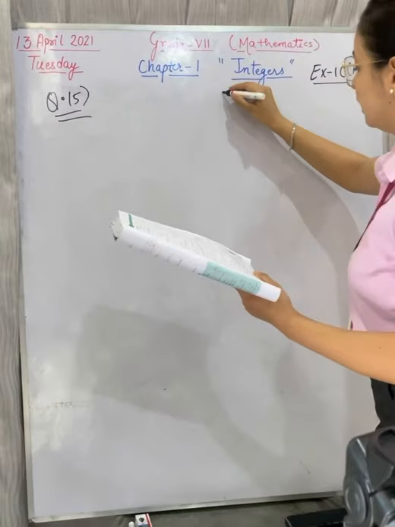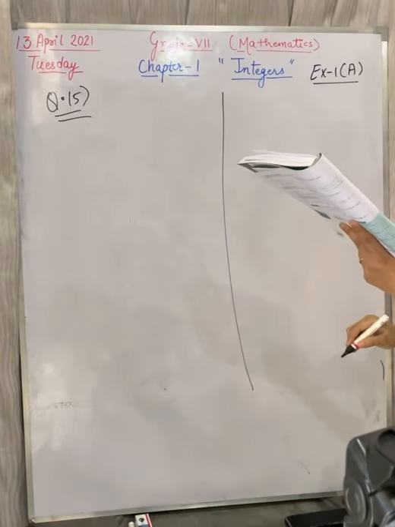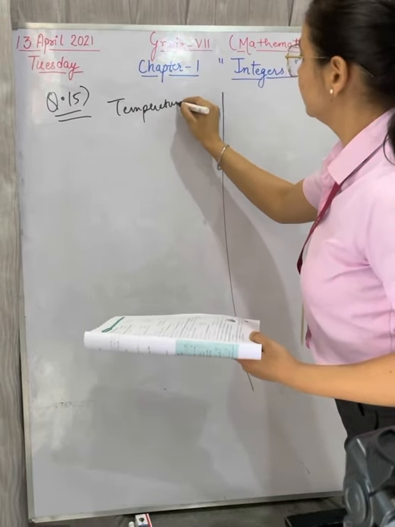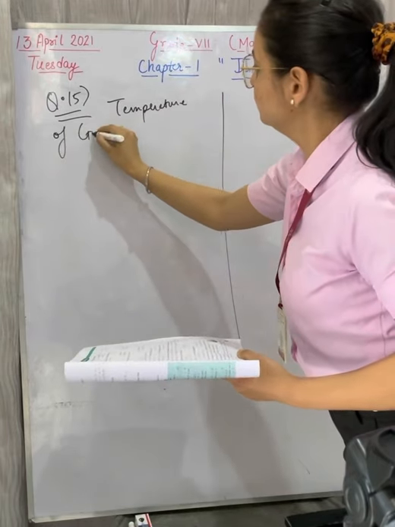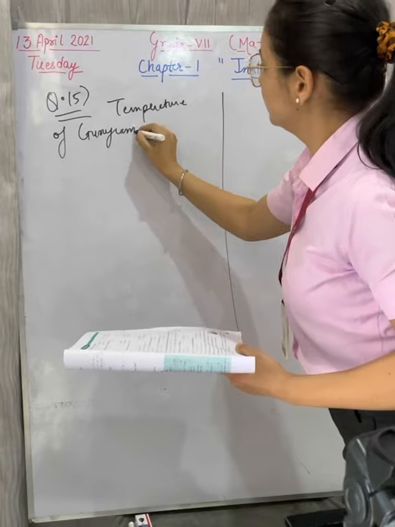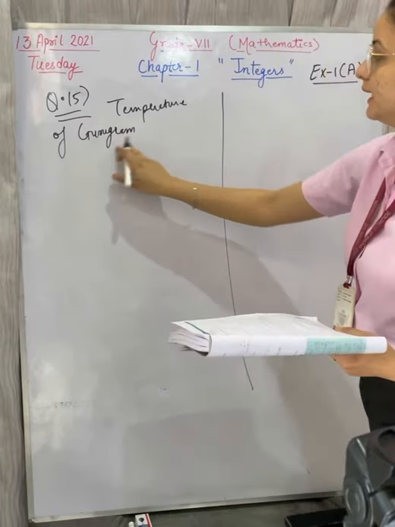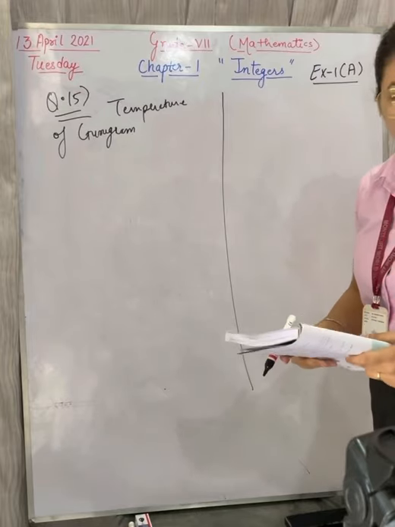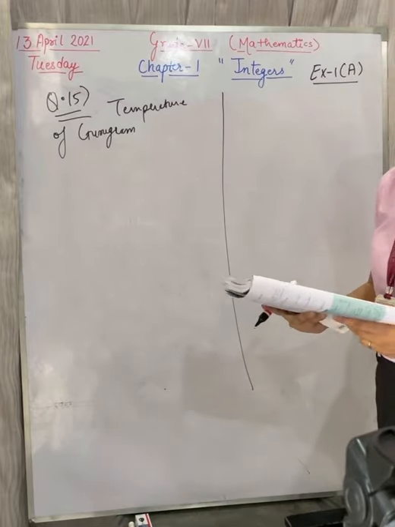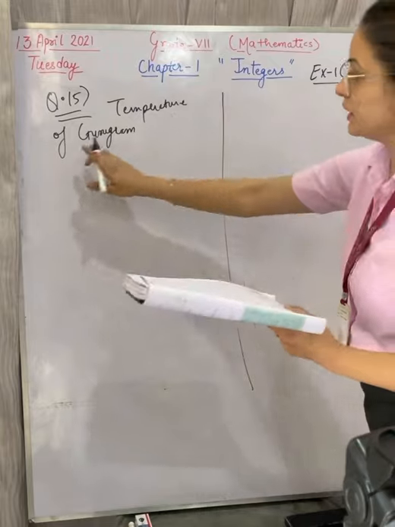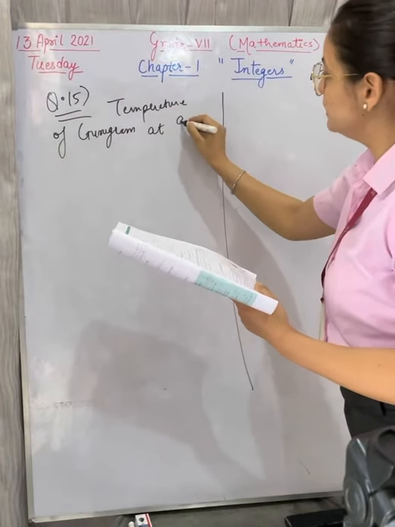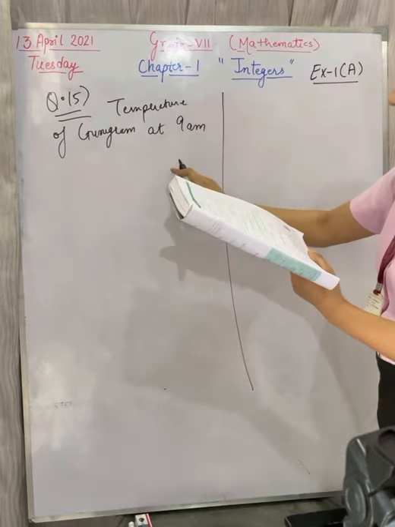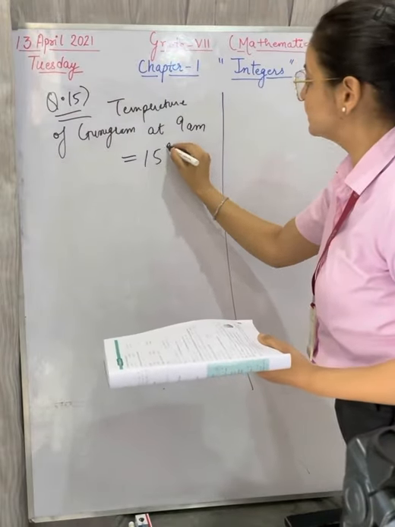Temperature of Gurugram. Do you know which city it is? Gurugram is Gurgaon. Earlier the name was Gurgaon, now it is Gurugram. The temperature of Gurugram city at 9 AM is equal to 15 degrees Celsius.